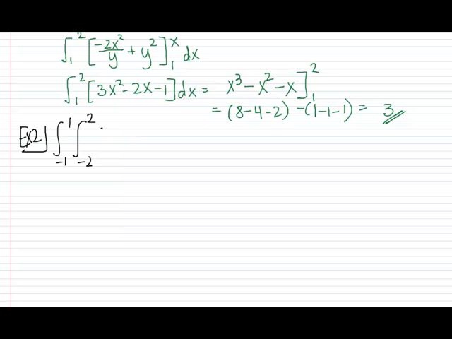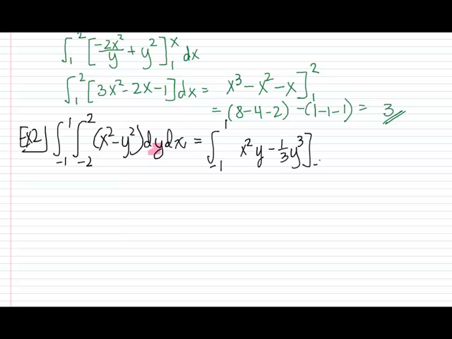One last one, the integral from negative 1 to 1, the integral from negative 2 to 2 of x squared minus y squared dy dx. So focusing on the inside integral, integrating with respect to y gives us x squared y minus 1/3 y cubed from negative 2 to 2 dx.